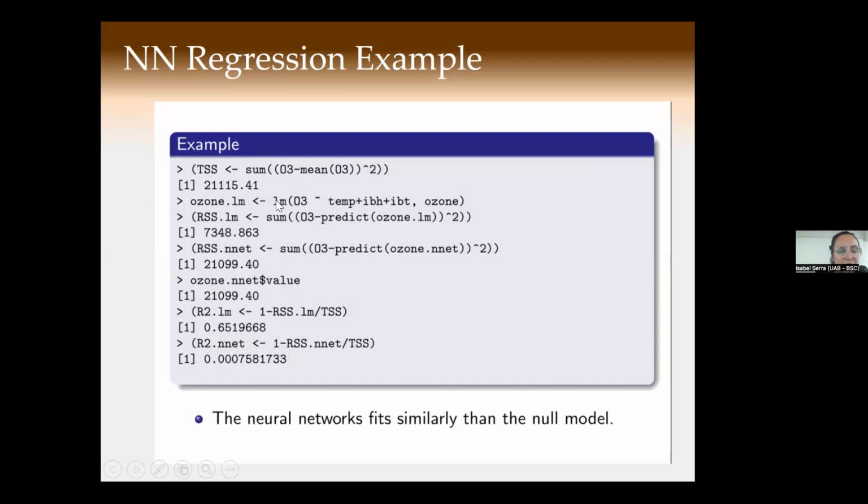If I consider a linear model, LM, with ozone and put these three variables, the result of this LM is going to produce some number multiplied by temperature, plus some number multiplied by this one, plus some number multiplied by this one.